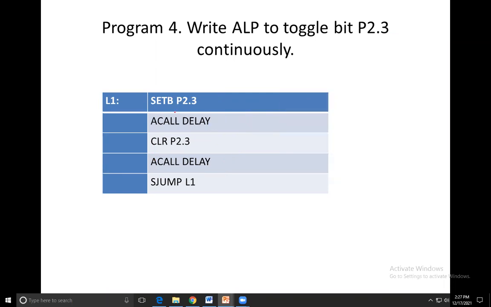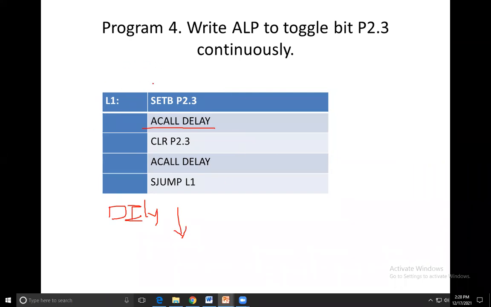If you write this program in Keil software, it will not run, because here we have to use the delay subroutine. You have to write down the two lines for the delay, and then the program will run.